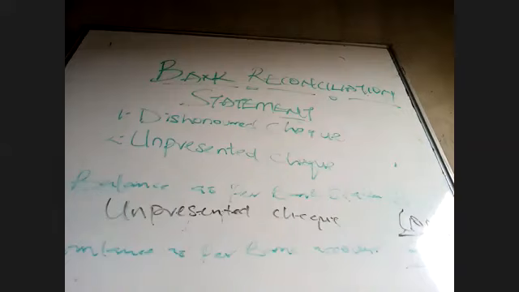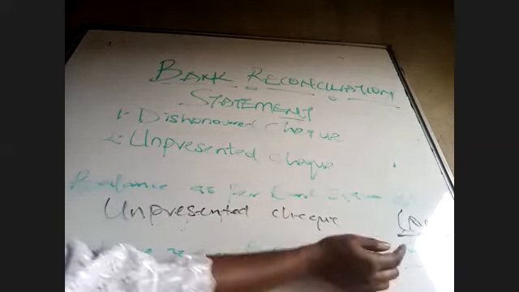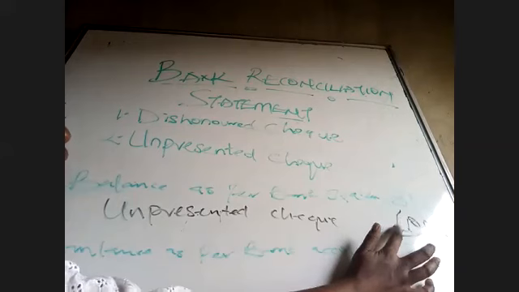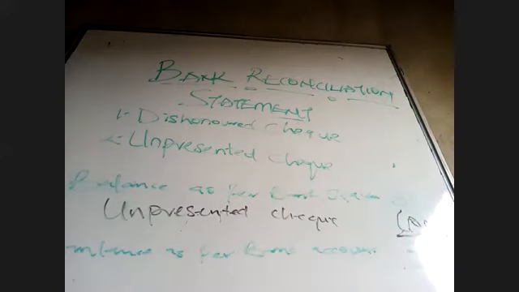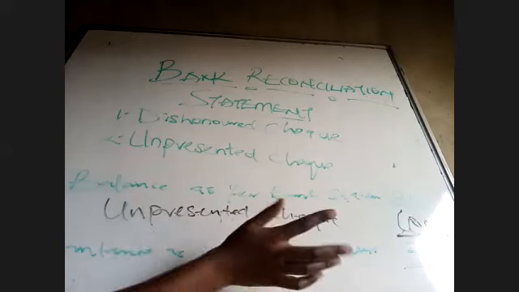You should know at what point you are moving to what other point. When you have that in mind, you'll be able to see how you want to go around this thing. Because if it is balance as per bank statement that you are trying to reconcile to balance as per bank account, it means you had 300 naira less 100 naira to make 200 naira. It's because we are going from balance as per bank statement to the balance as per bank account that we are deducting the unpresented check.